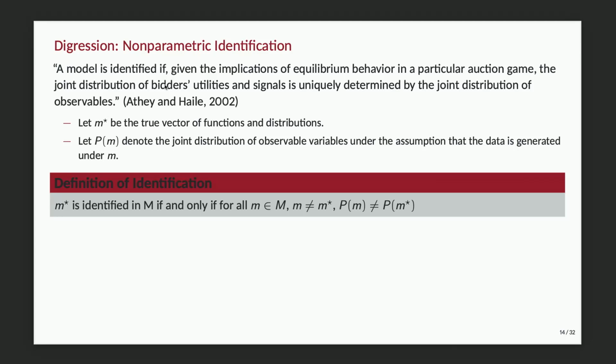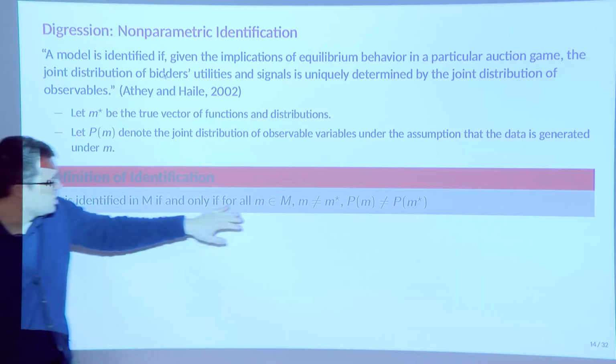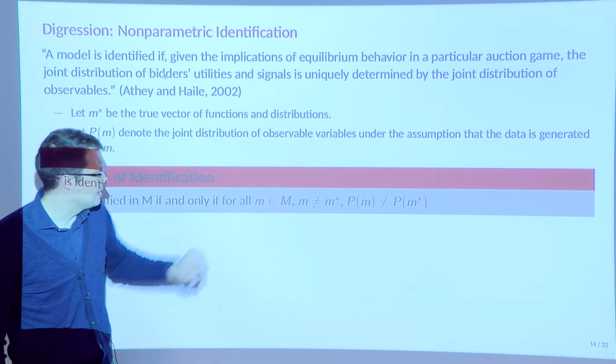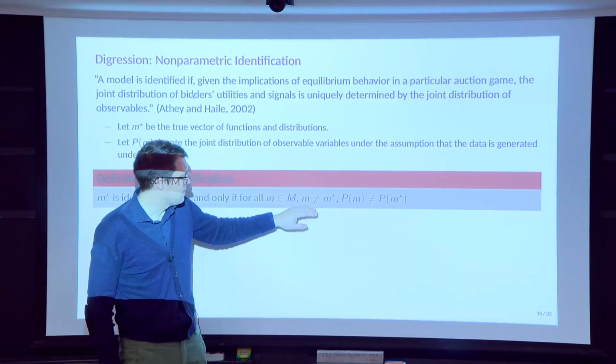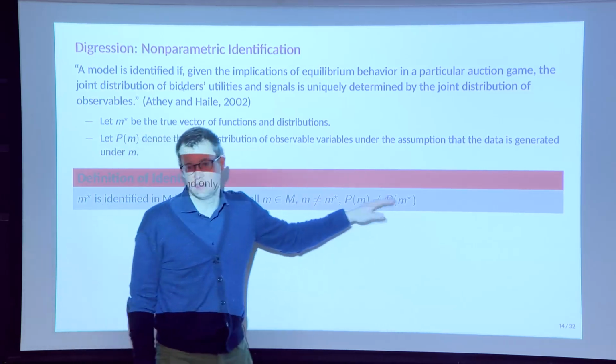And we say that M star is identified in a class of models if and only if, for all models in this set, whenever my model is different from M star, I would also observe something different.